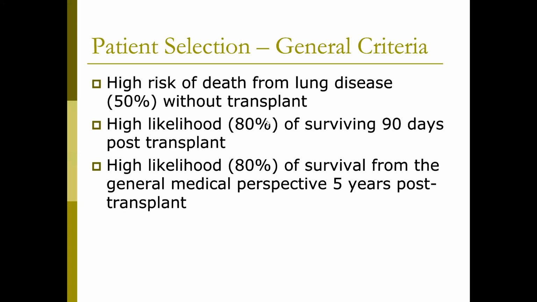If the person has an 80% or better chance of surviving 90 days post-transplantation, and obviously this is all projected based on their overall medical status, then we want them on the transplant list. The other important factor is that, in addition to their lung disease, we want to evaluate the patient as a whole and make sure they don't have other cardiovascular or renal or other metabolic diseases that will make them poor long-term survivors.